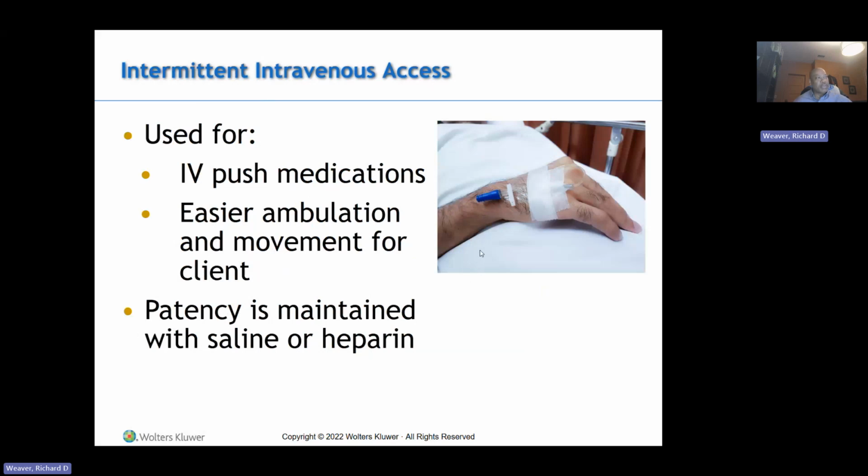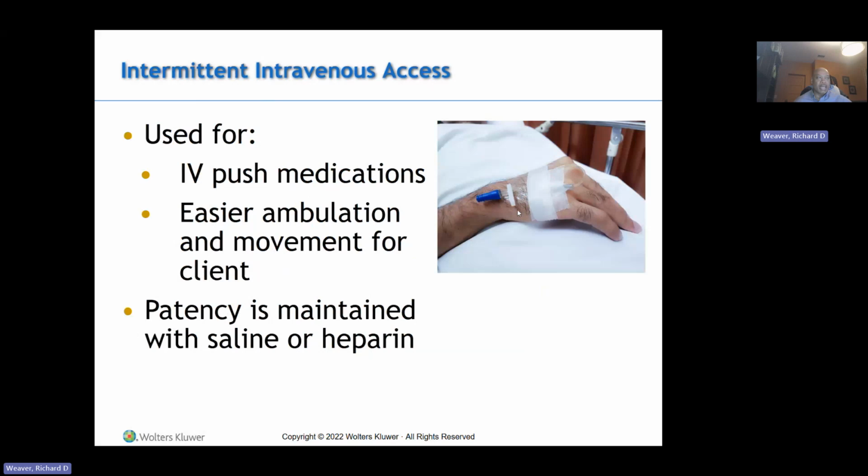We use it for IV push medications. This means that you take a syringe of medications, for example Solu-Medrol or IV Lopressor. We'll give it over a certain period of time, and then we're done, and we flush it. We flush it always before and after. You may flush it with heparin or sodium chloride or normal saline, and normal saline is more preferable.